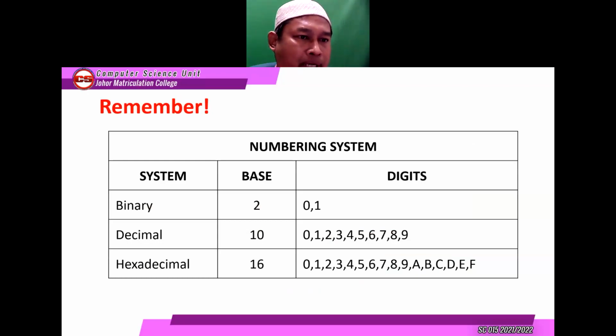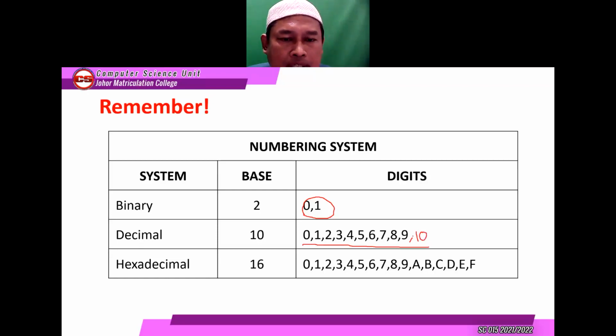You must remember the numbering system based on 2 has only 2 digits, 0 or 1. And then decimal numbers are based on 10, the digits are 0 to 9. Why 9? 10 is not included.